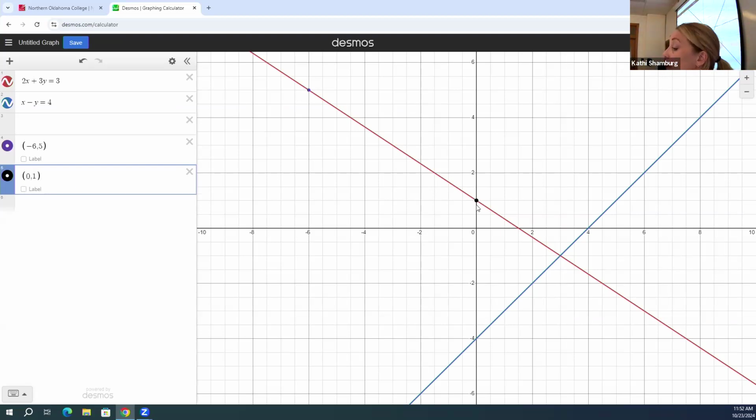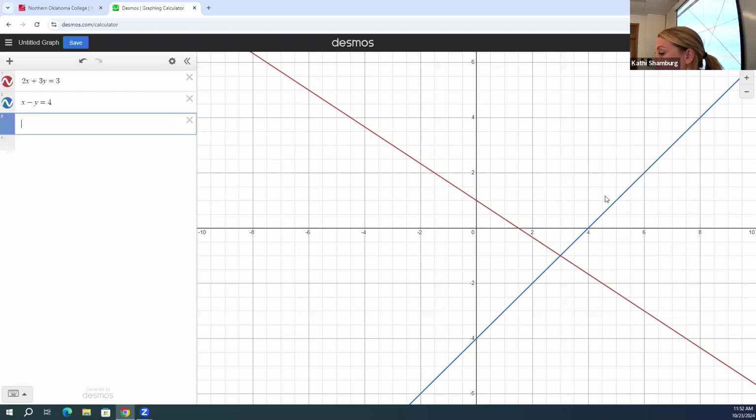It graphically satisfies this because it falls on the line. Algebraically, 2 times 0 is 0 plus 3 times 1 is 3, 0 plus 3 is 3. So algebraically, it satisfies that particular equation.